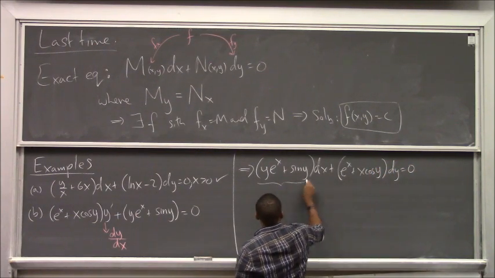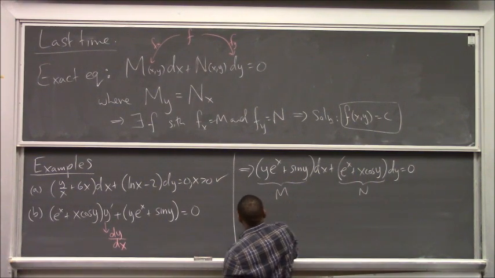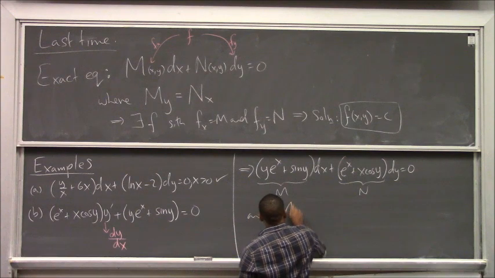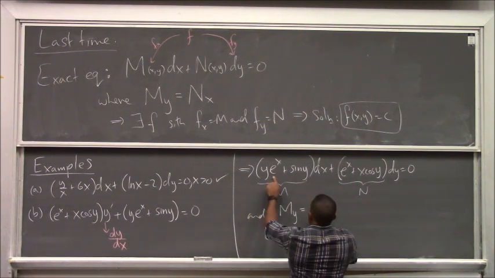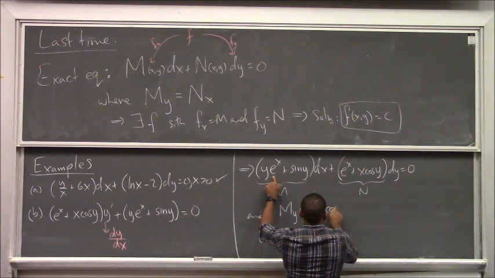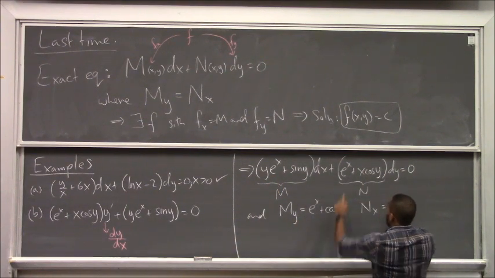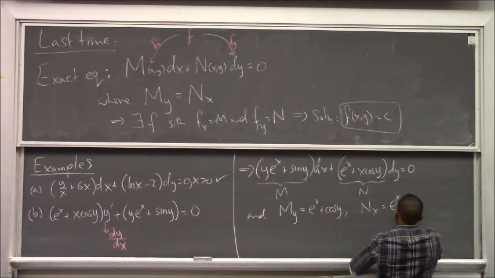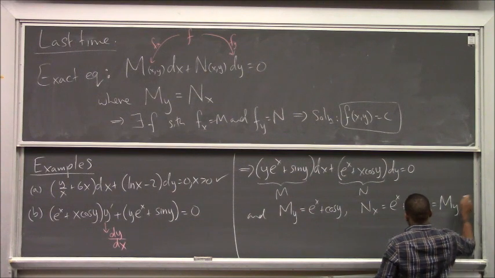Now if I look at this as the N, notice that the partial of M with respect to y is equal to e to the x cosine y. And the partial of N with respect to x is e to the x cosine y. That's equal to the partial of M with respect to y, so I know it's exact.